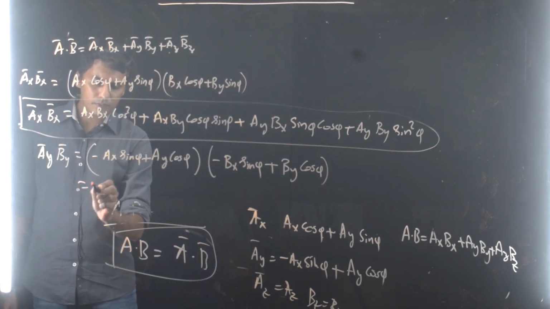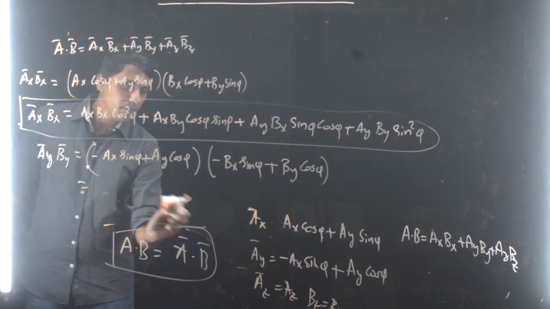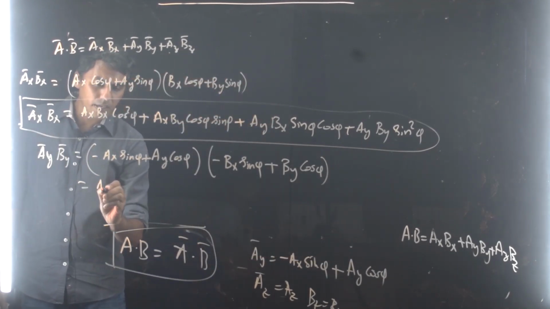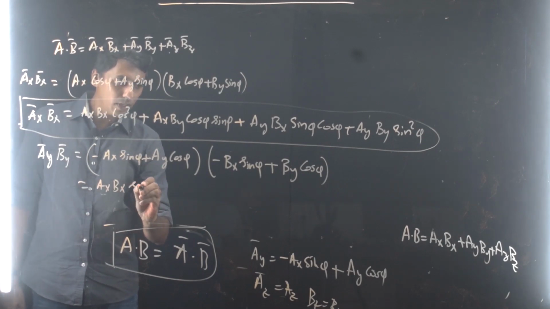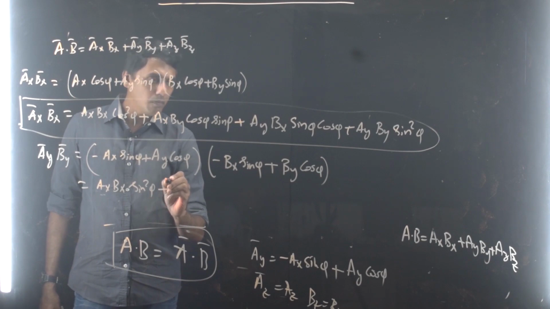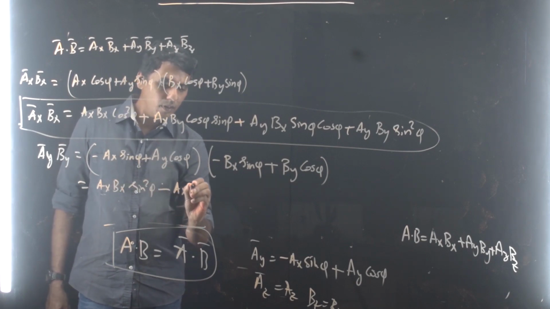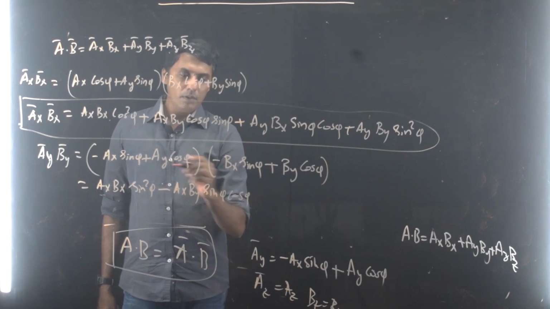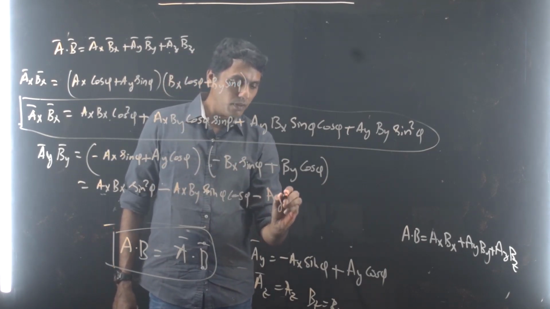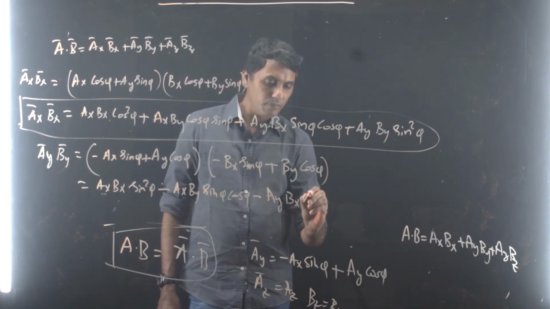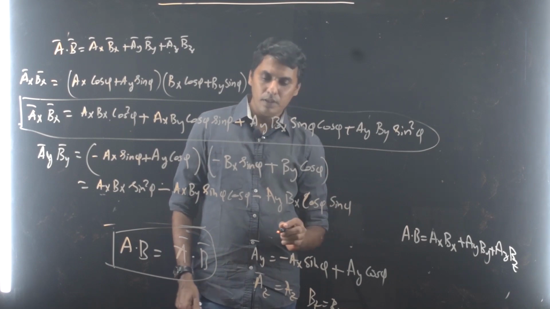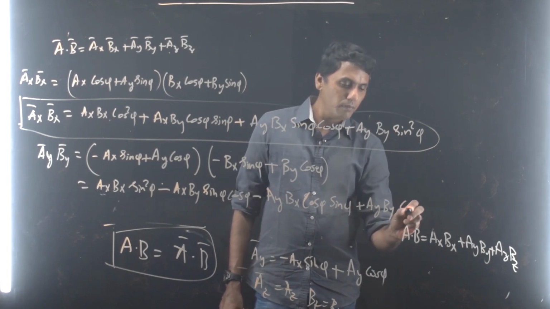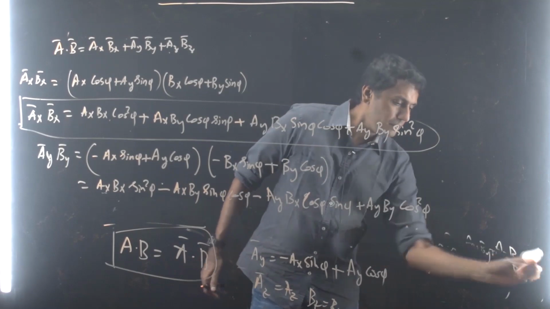So that's equal to Ax Bx sin square phi minus Ax By sin phi cos phi minus Ay Bx cos phi sin phi plus Ay By cos square phi.